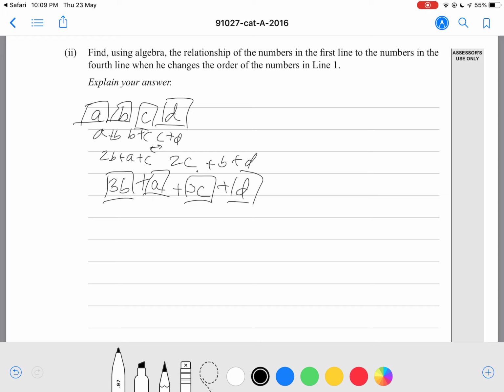For example, if we switch the B and the C around, we'll get the same answer, okay? So it's only if we switch an ending number with a middle number that we'll get a different result, okay?